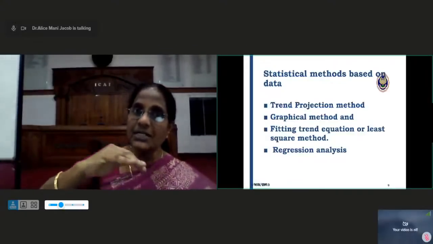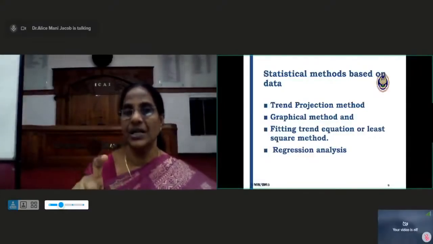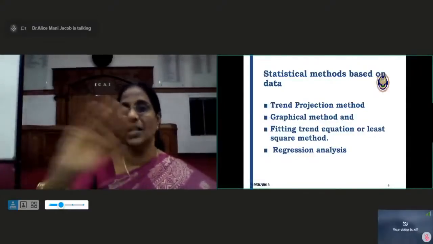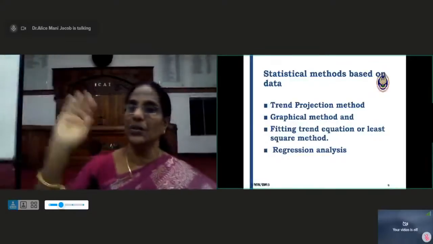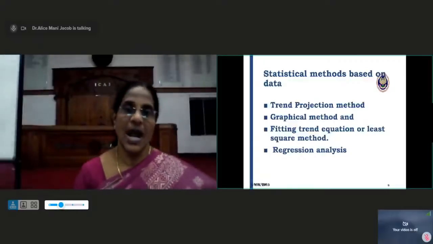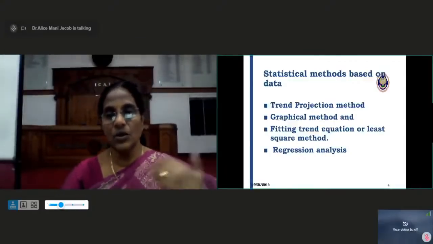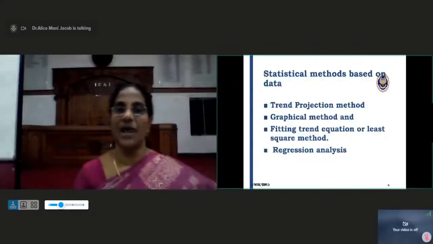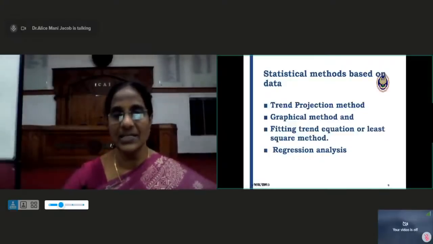So the trend is expected to continue, and you fit an equation like a plus bx, a straight line equation, and you calculate what would be the demand in future. Regression analysis is this: using the relationship, you calculate what will be the value in the future. These are known as statistical methods.